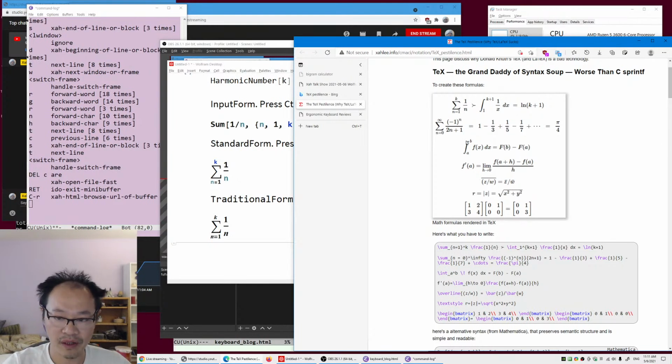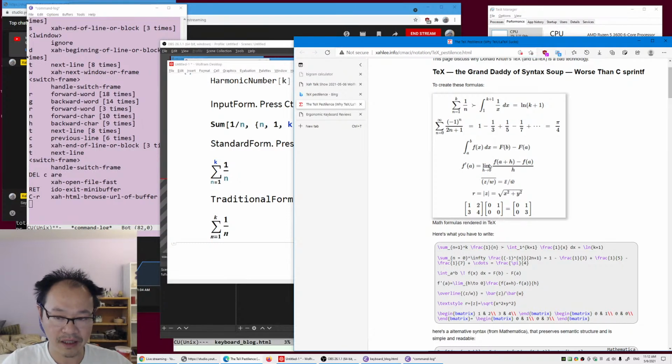Like before, we don't have integrals. We have plus, we have minus. Then when calculus got invented, there are several competing notations for derivatives, for integrals. For example, here you see a derivative and limit.